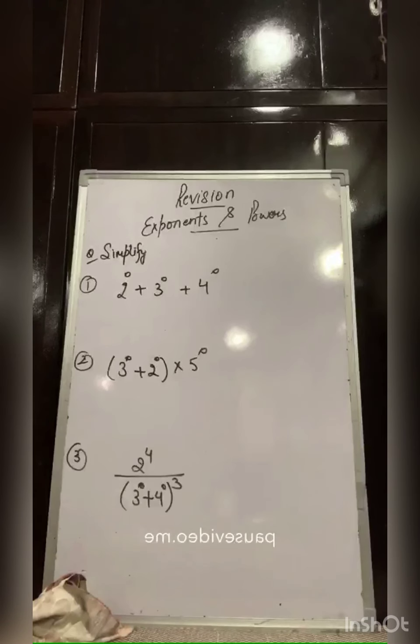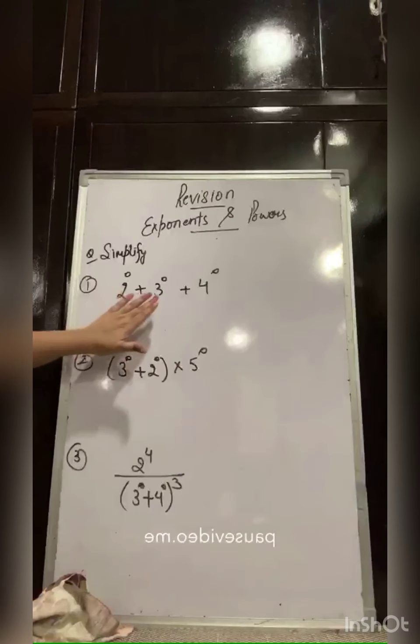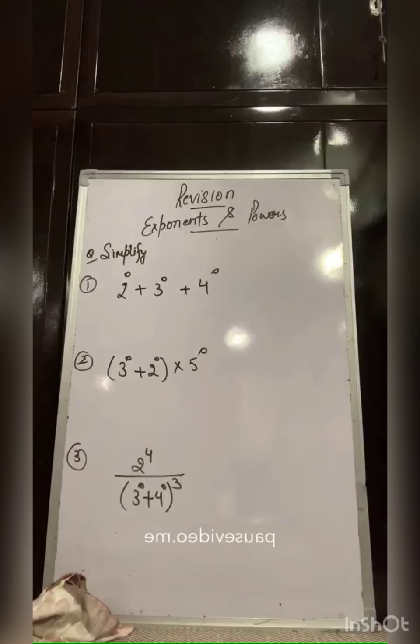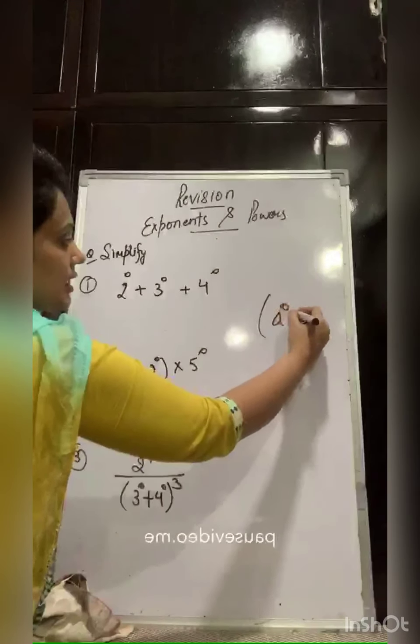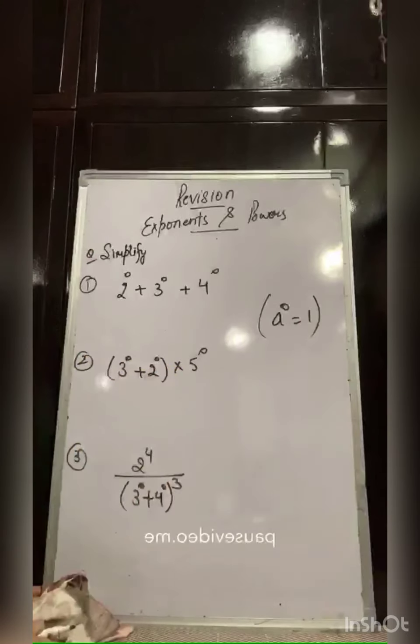Simplify. 2 raised to power 0 plus 3 raised to power 0 plus 4 raised to power 0. Now we have done one law that anything raised to power 0 is always 1.